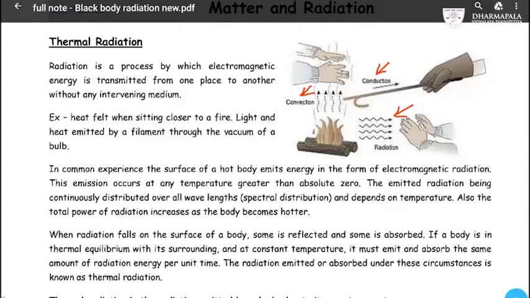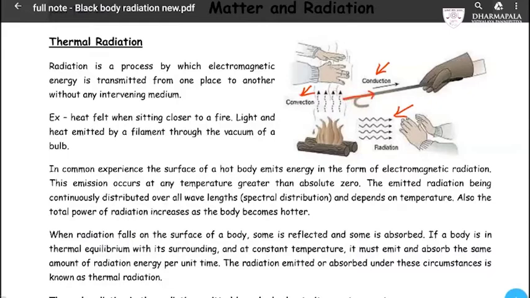So if you look at this diagram, you can see for conduction and convection, they need a material medium to transfer heat. So here, if you put a solid rod closer to this fire, through that rod, the heat is transferred up to the hand.